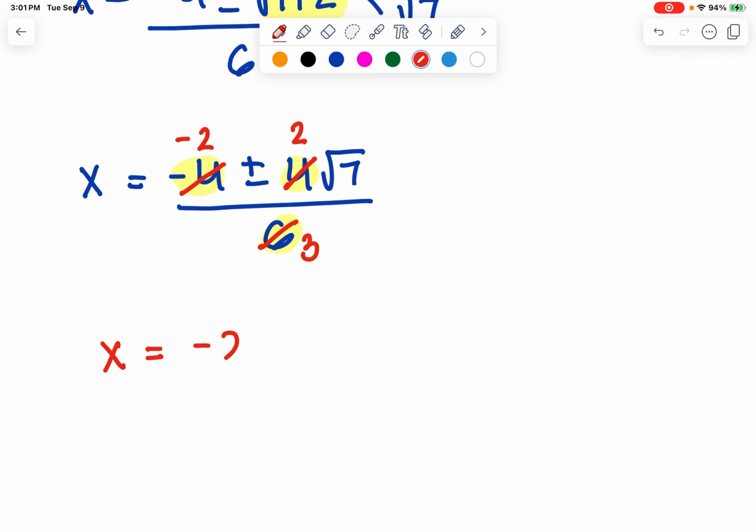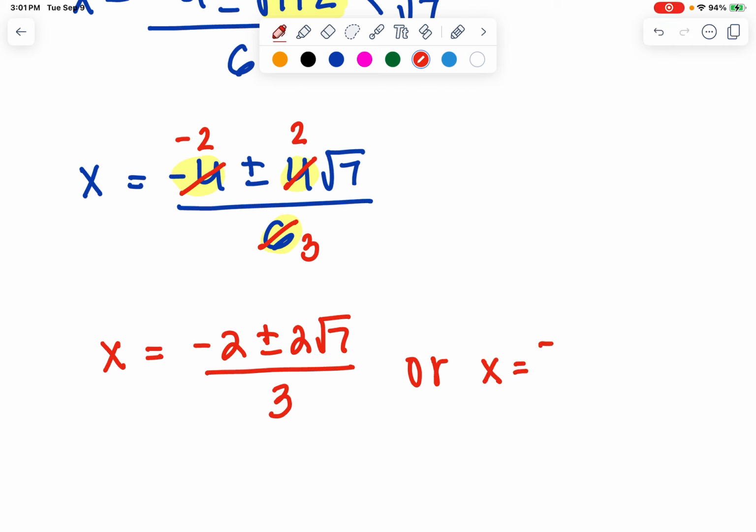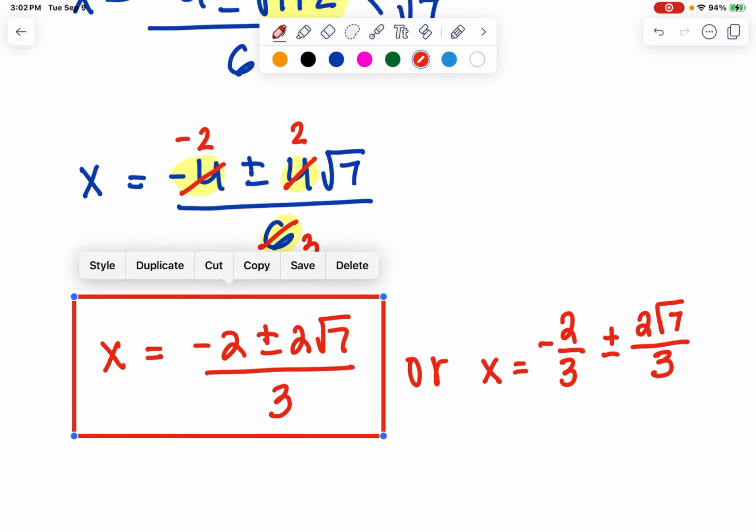You can write it as -2 plus or minus 2 root 7 all over 3. Or you can divide this by 3 and divide this by 3 and write it as x equals -2/3, because I divided the first term by 3, plus or minus 2 root 7 over 3. So either one's fine. Like, I would leave it like this. Why extra steps makes no sense to me.